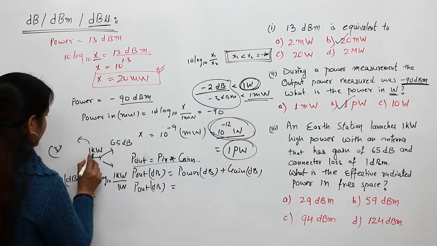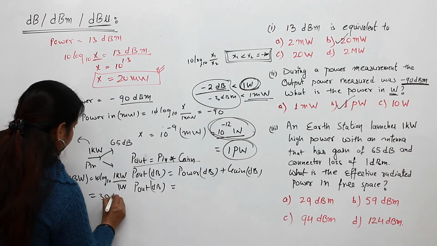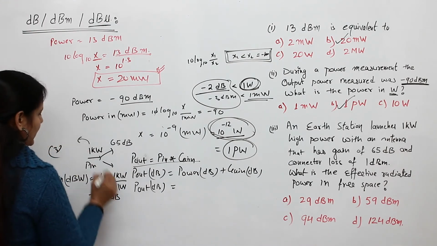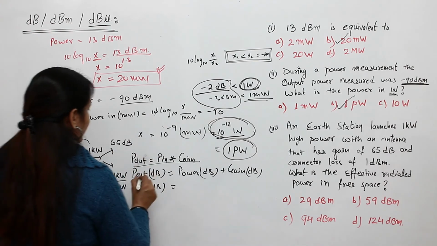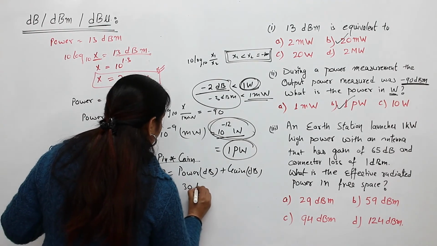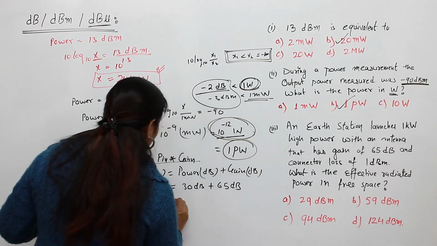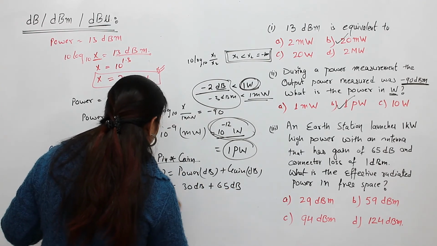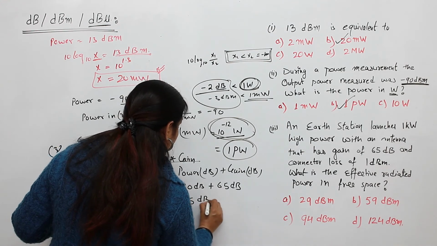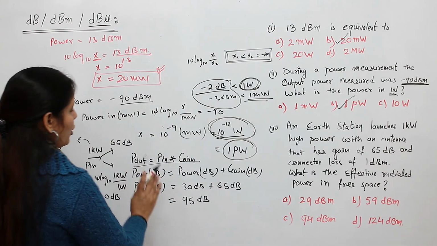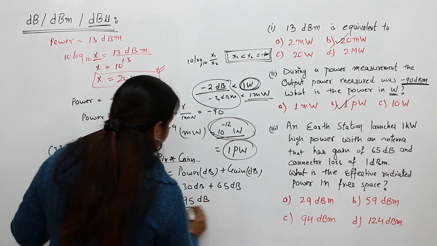So this input power will be 10 raised to power 3, that is 30 dB. So 30 dB input power is added to the 65 dB gain and the total output power will be 30 dB plus 65 dB. You are having a total radiated power of 95 dB. If there was no loss, you would have a power radiated in free space of 95 dB.